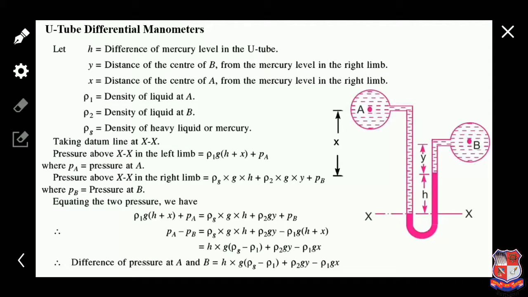Now next is the U-tube differential manometer. It is a U-tube manometer, but differential means it measures the difference of pressure between two pipes or two vessels. The concept is the same: comparing the pressure on both sides above the datum plane at the left limb and right limb, but both ends of the U-tube manometer are connected to vessels or pipes.